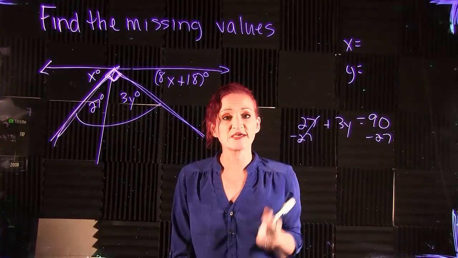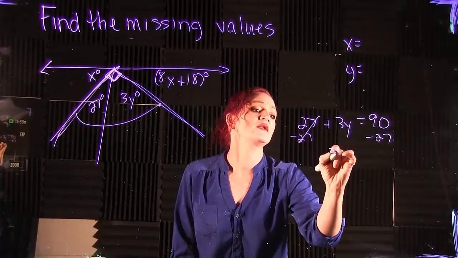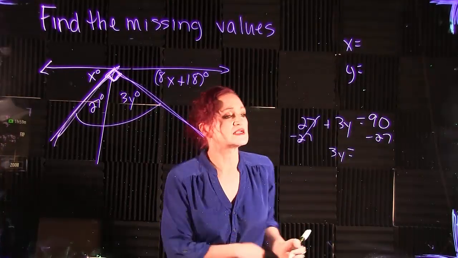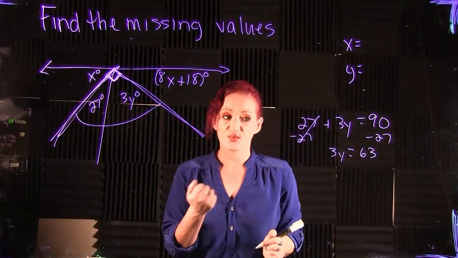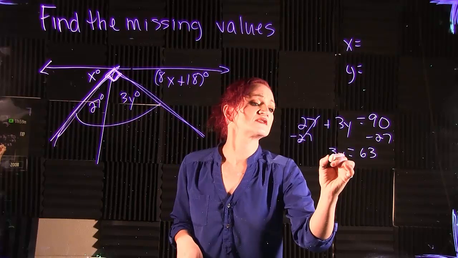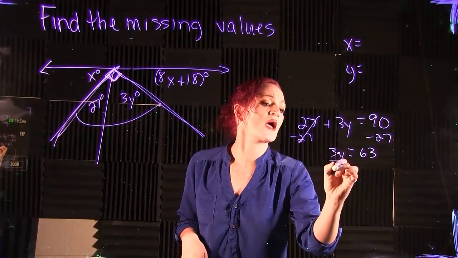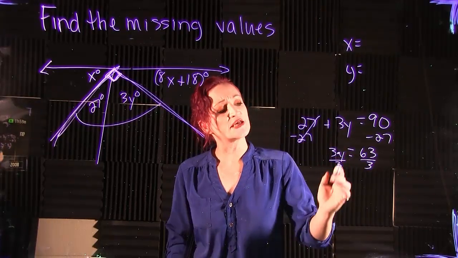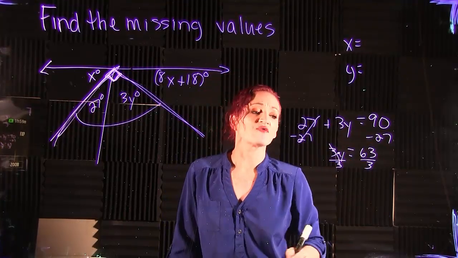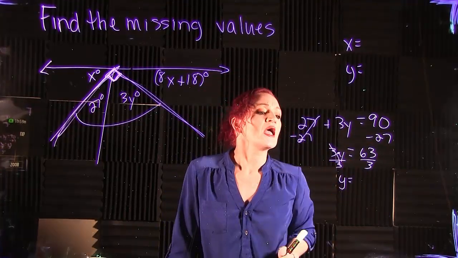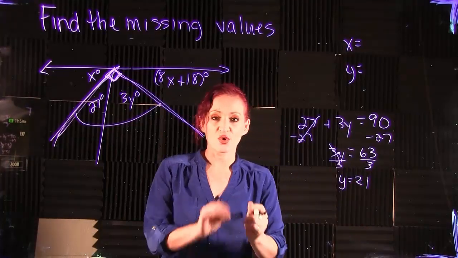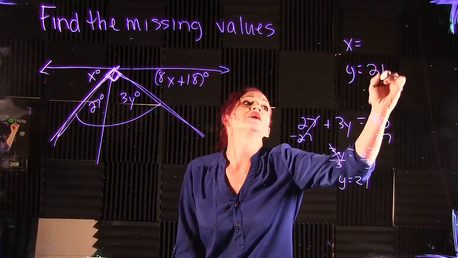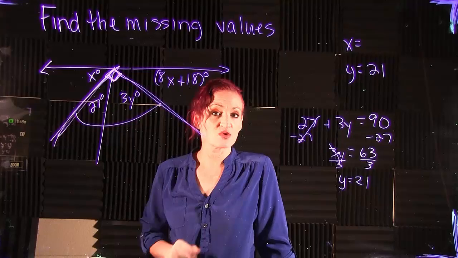The 27 cancels on the left-hand side, and 3y is equal to 63. Finish solving this equation. We have 3 times y. The opposite of multiplication is division, so divide out that 3 on each side, and we get that y is equal to 21. So we do know y is equal to 21.